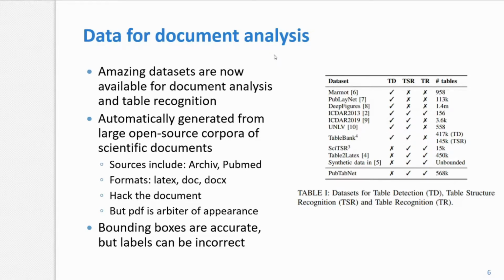The labels are not always perfect because, as I say, people sometimes mislead the software in order to get the effect that they want. But in these particular sources, in this sort of scientific journal article space, there's not very much of that. People have tables, they're labeled as tables. The publishers want them to do that so that their articles show up properly.